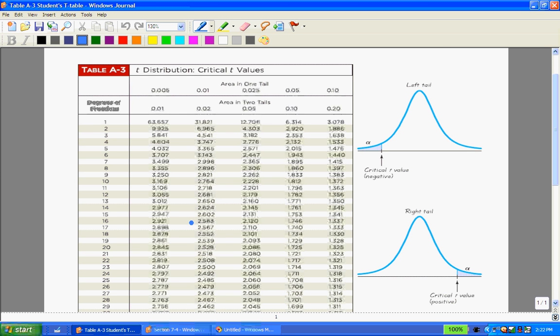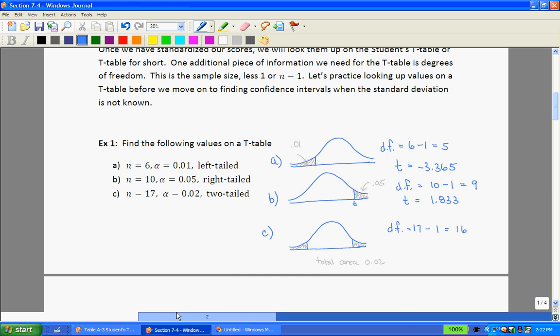So I'm here at this value, 2.583. So t equals 2.583, but because we actually are in two tails, we also have negative 2.583. So that should be a little bit of practice of looking up values on the t-table.